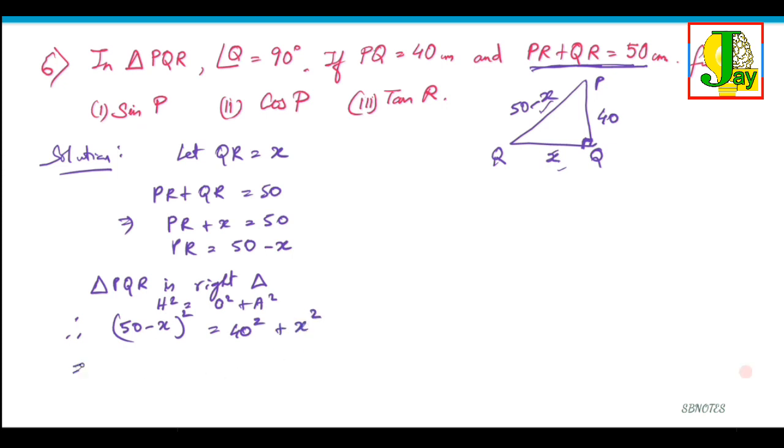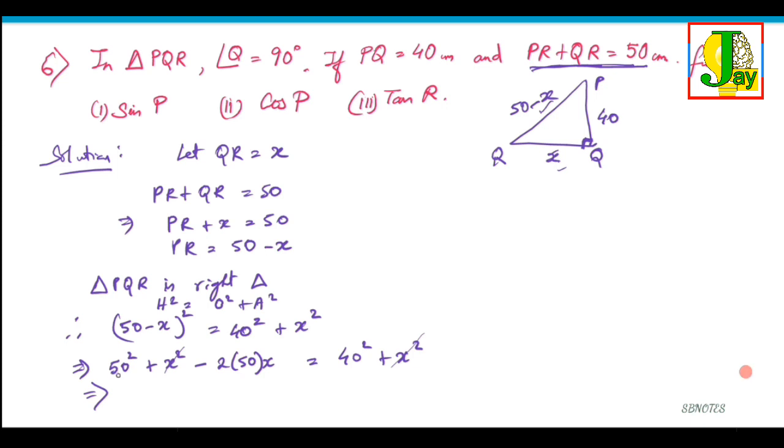So you have to solve this. Now (a minus b) whole square is a square minus 2ab plus b square, so 50 square minus 2 into 50 into x, using the expansion, plus x square, equals 40 square plus x square. If you take x square to that side, x square gets cancelled.